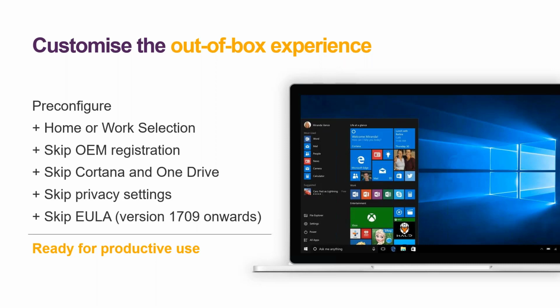So this means when the end user logs into the Windows 10 device after the configuration is completed, Cortana and OneDrive are already set up and ready for the end user. You can also skip the painful Windows 10 privacy settings screen using Autopilot so that the end user doesn't have to click no 10 times or 100 times, which has been quite painful for a lot of people.